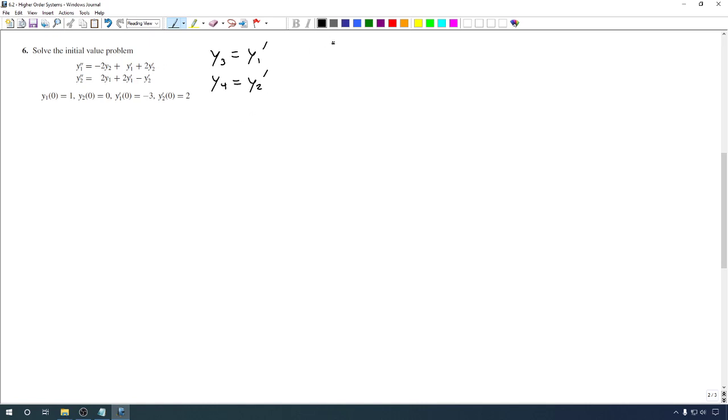Then these equations become y3 prime is equal to negative 2y2 plus y3 plus 2y4, and y4 prime is equal to 2y1 plus 2y3 minus y4. And these 4 equations are now our new system.